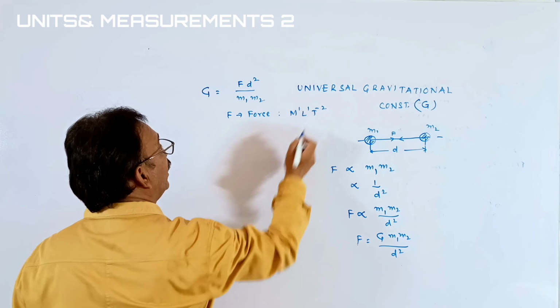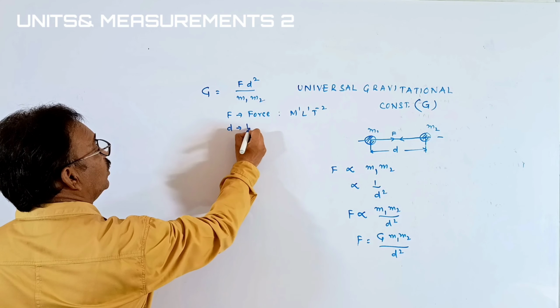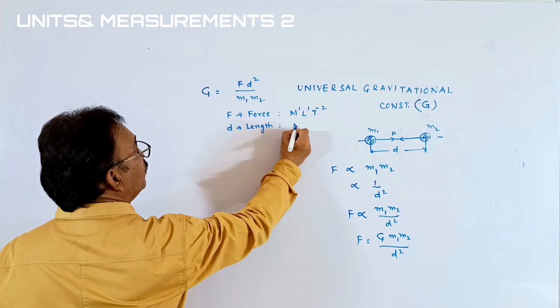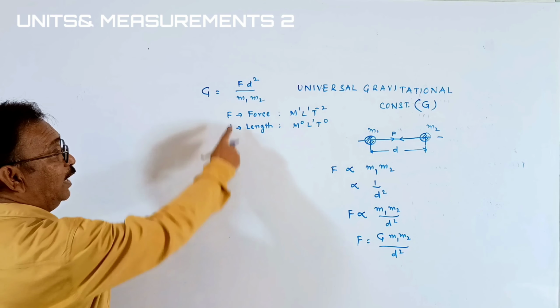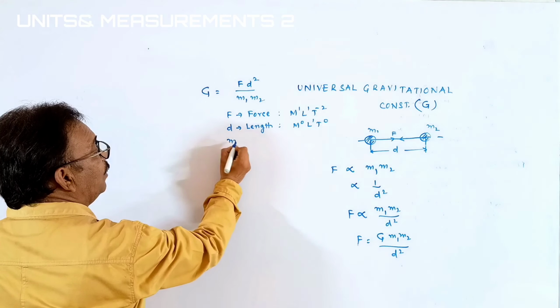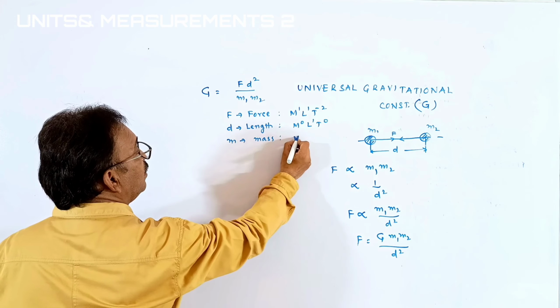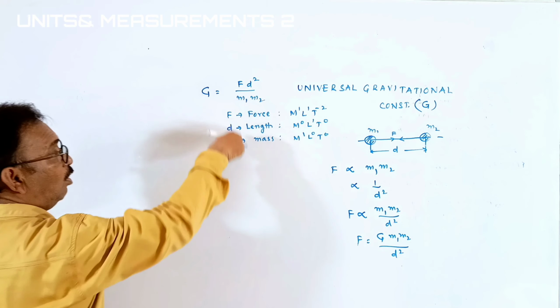Already we derived. And d is length, students. Length means M0 L1 T0, and m1, m2: m is mass, students. Mass we derived as M1 L0 T0.